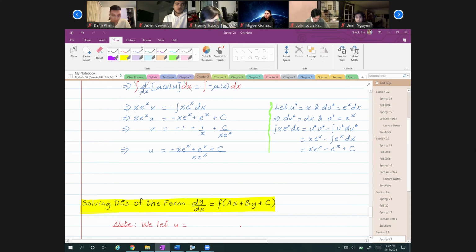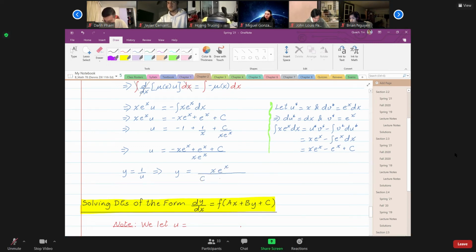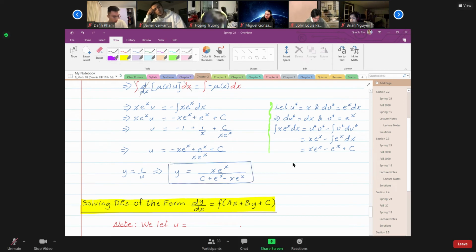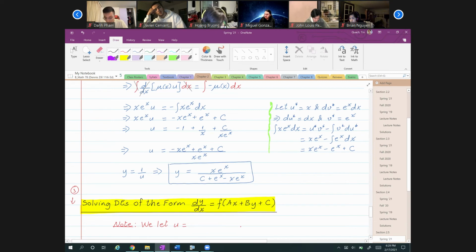So y is equal to 1 over u, which implies y is equal to x e to the x all over, and then you can write c plus e to the x minus x e to the x, and then you have your answer. All right. Okay. Any questions so far?